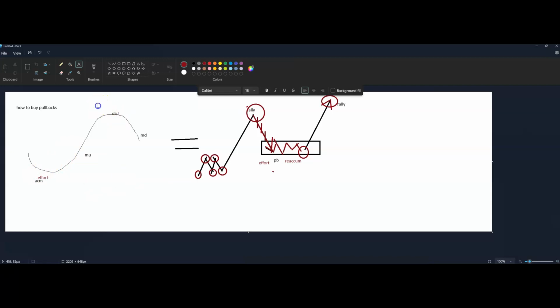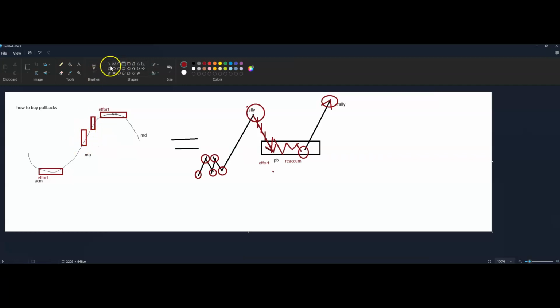here there'll be effort, here there'll be effort, either on the higher highs, meaning on the rally highs, or within the range, here or here.